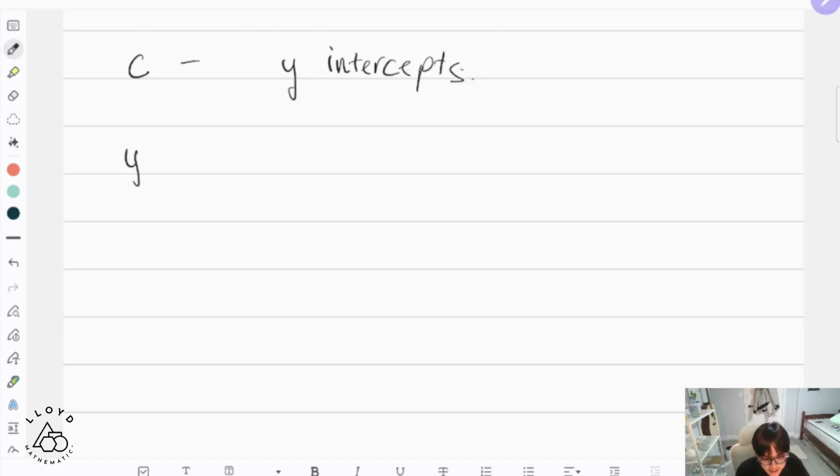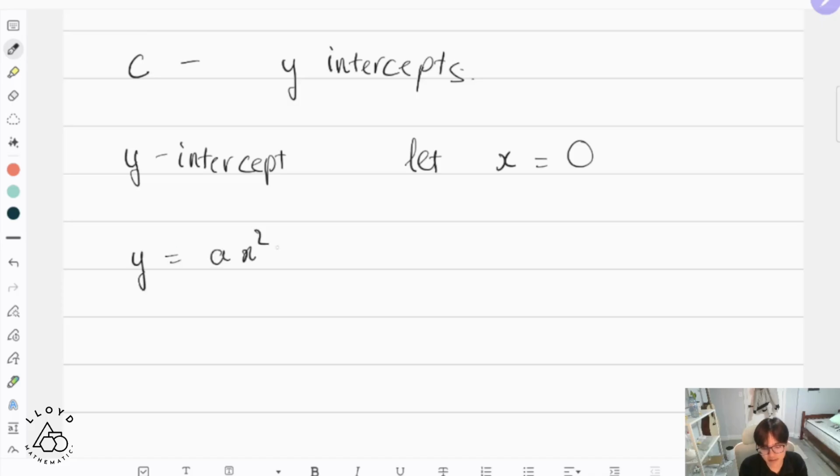To find the y-intercept, we let x equal 0. With x equal to 0, the formula ax squared plus bx plus c becomes 0a plus 0b plus c.